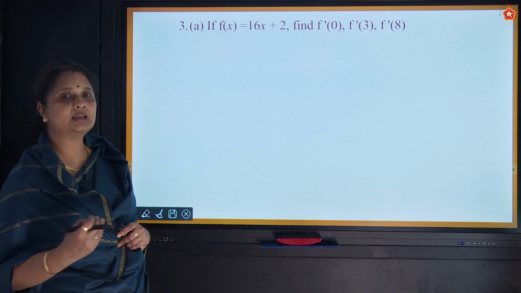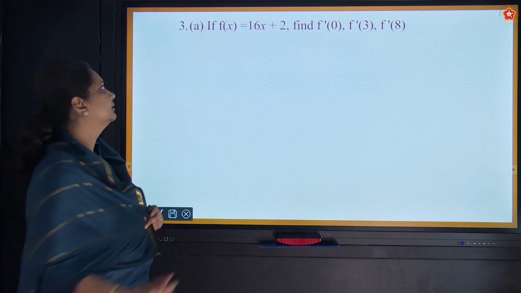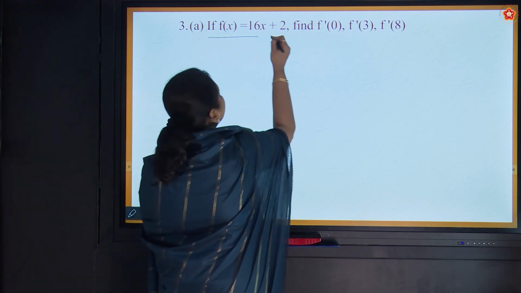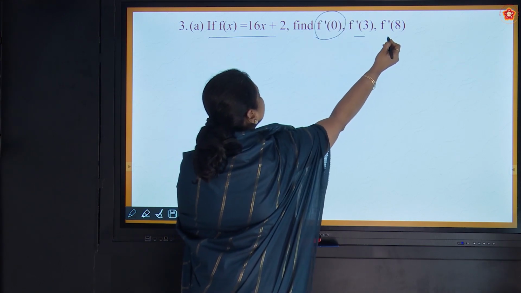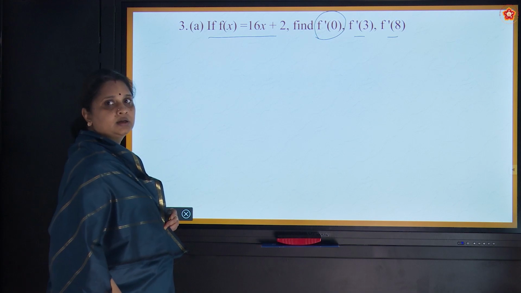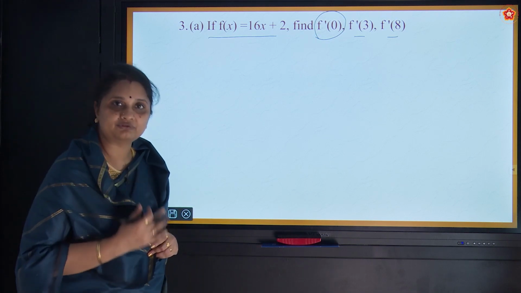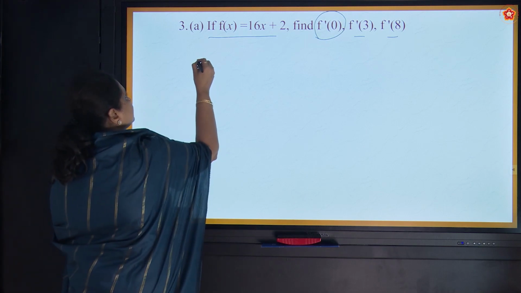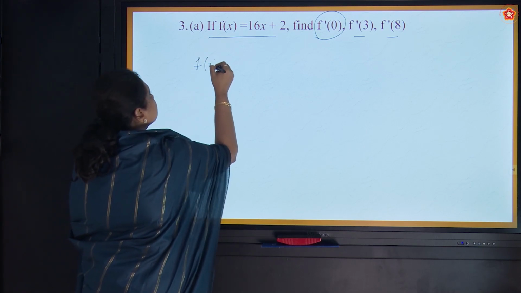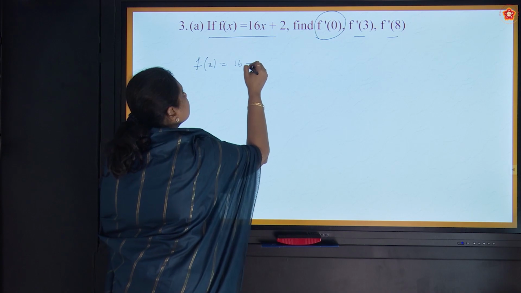Okay. So let's move on to the next question. F of x is given. We are supposed to find f dash of 0, f dash of 3 and f dash of 8. So with the given f of x, first let's find f dash of x. So what is f of x? It's given to be 16x plus 2.